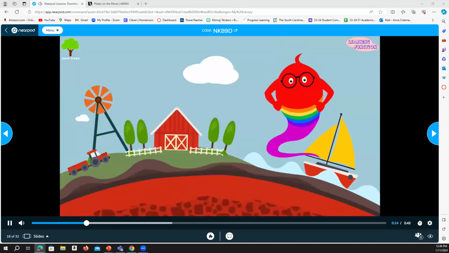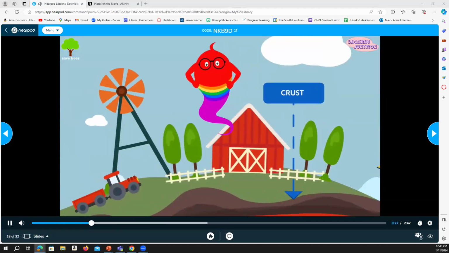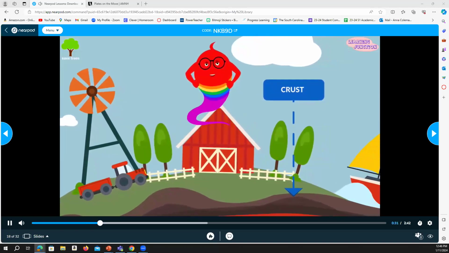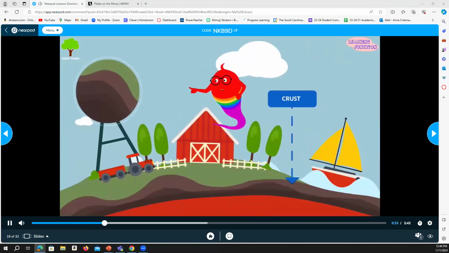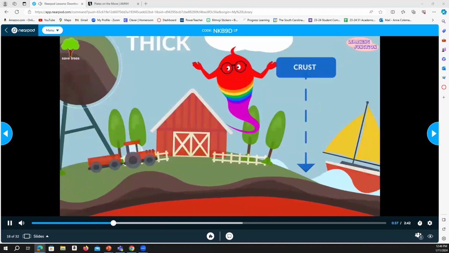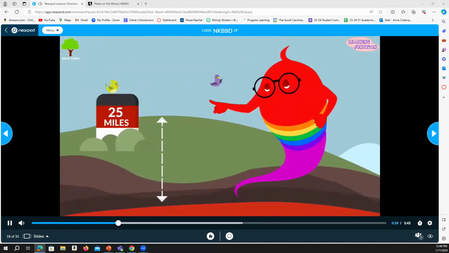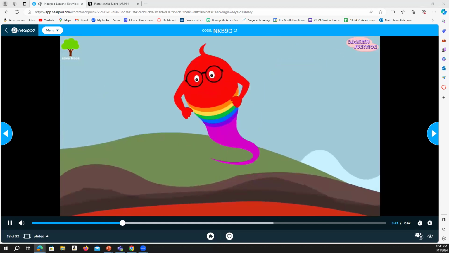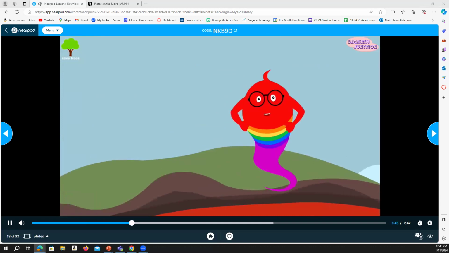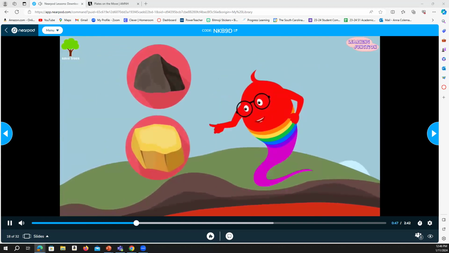Whoa! Crust. The crust is the thin outer layer of the Earth where we all live. The crust varies from around 3 to 5 miles thick in the ocean floor to around 25 miles thick on land. Earth's crust is found on the outer surface, and it is made of solid rock and minerals.